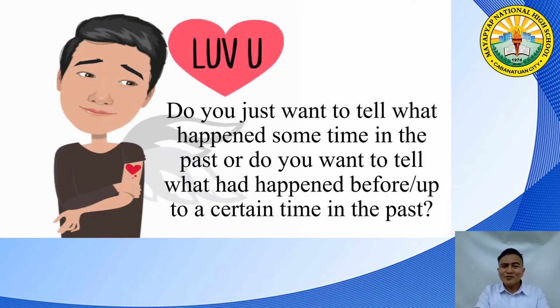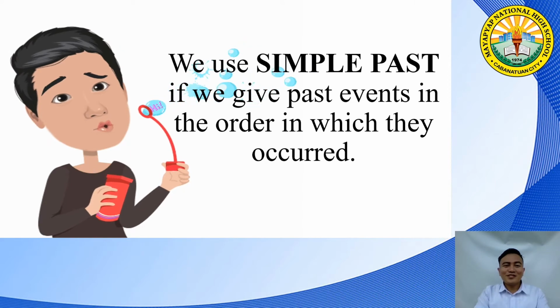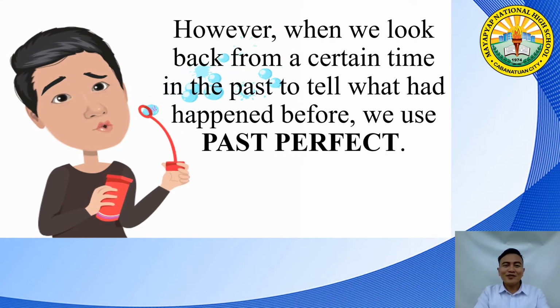Do you just want to tell what happened sometime in the past? Or do you want to tell what had happened before or up to a certain time in the past? We use simple past if we give past events in the order in which they occurred. However, when we look back from a certain time in the past to tell what had happened before, we use past perfect.